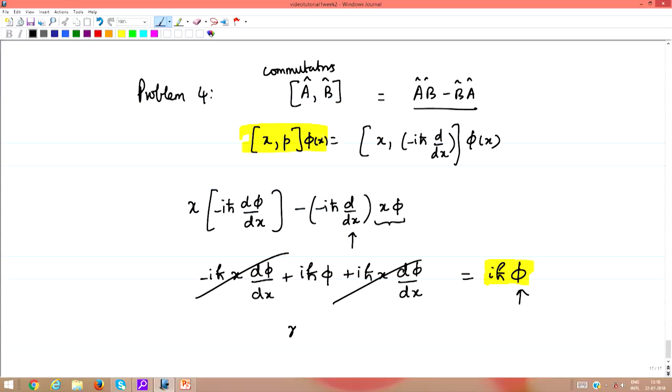Therefore, the commutator equivalence is x comma p is equivalent to i h bar. Usually, some textbooks write the unit operator to say that the left hand side is an operator and therefore the right hand side should also be an operator. But remember the context: it should be multiplied by i h bar and a unit operator.